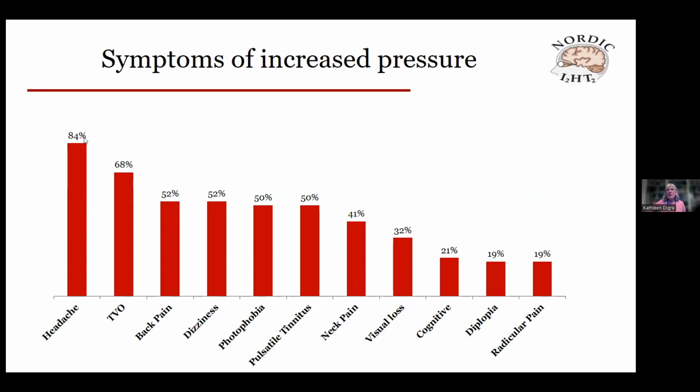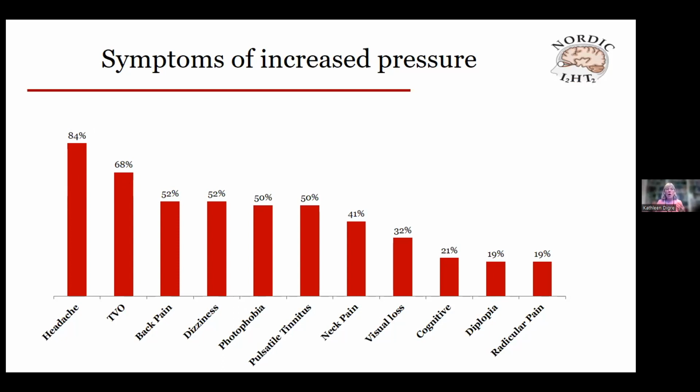In the idiopathic intracranial hypertension treatment trial, almost 85% of the people who were in the trial had headache. The next most common symptom was transient visual obscuration. That means just a dimming of the vision. It's kind of like you stand up quickly and your vision dims out.